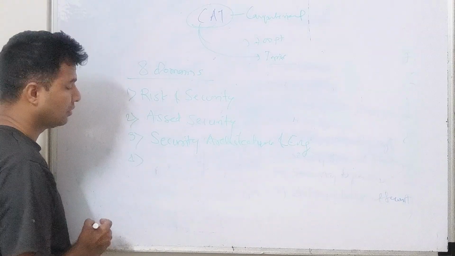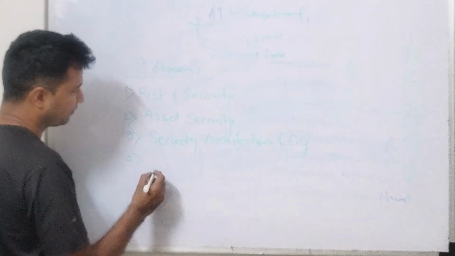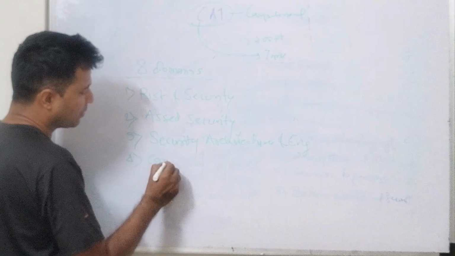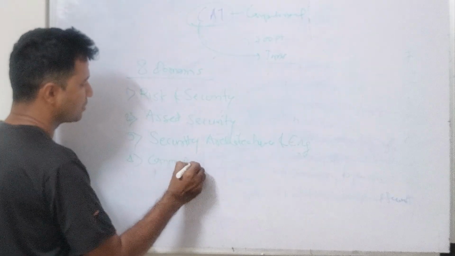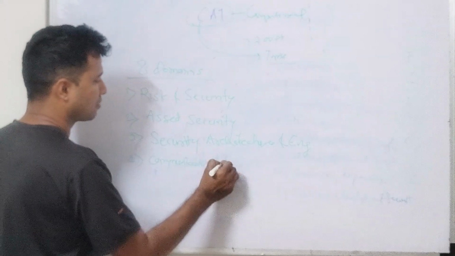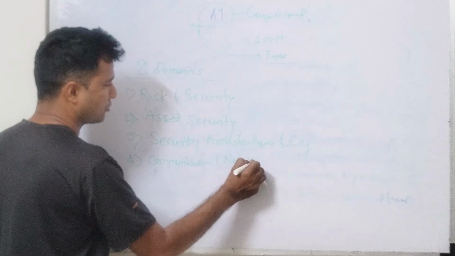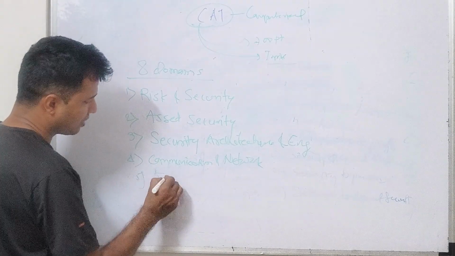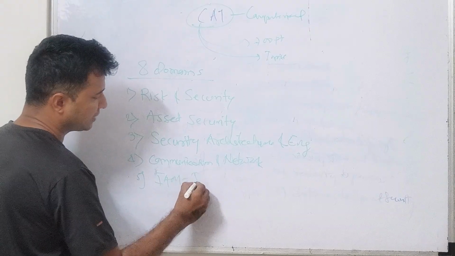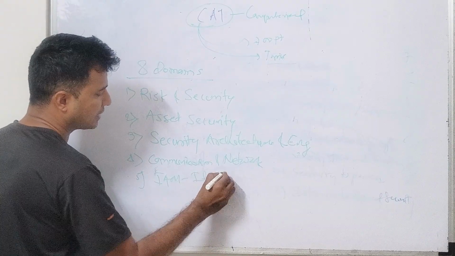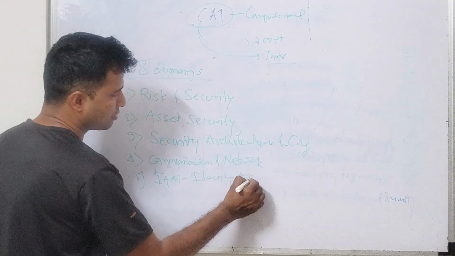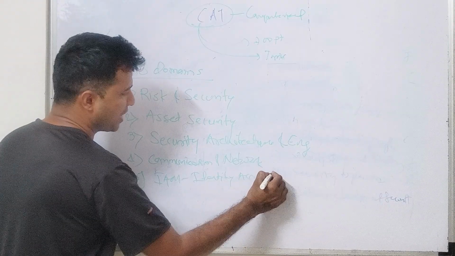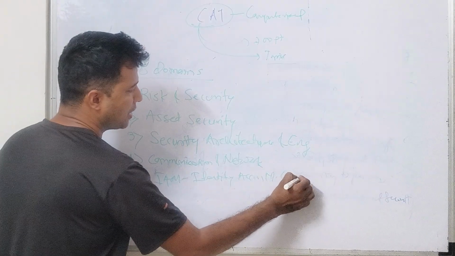Fourth is communication and network. Fifth is IAM, that is identity access management and governance.